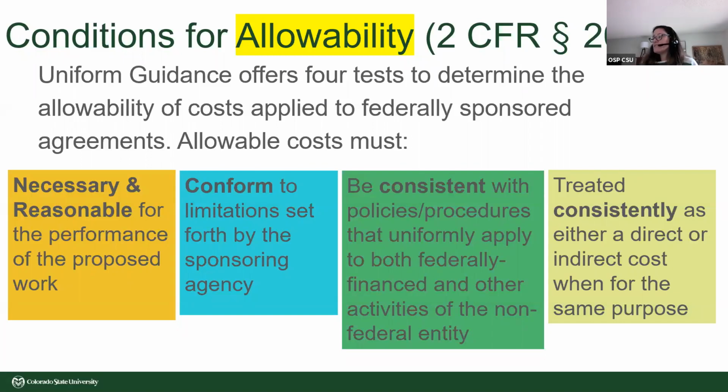They need to be consistent with our policies and procedures, and that's why we're going to talk about our business standards and the cost accounting standards today to make sure you understand what it means when we talk about consistent with our policies. And then they also have to be treated consistently as either a direct or indirect cost when used for the same purpose. And we've talked quite a bit about all of these. I'm going to talk a little bit more about consistency and about allocation today.